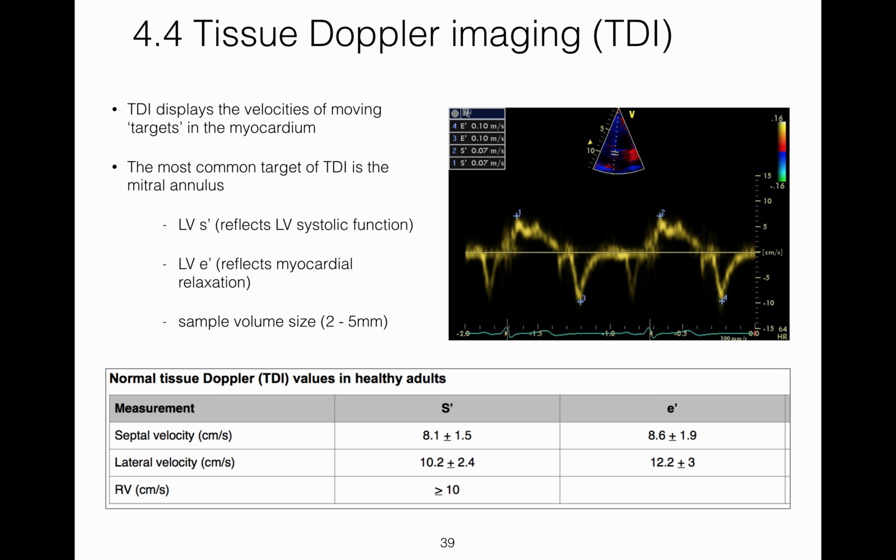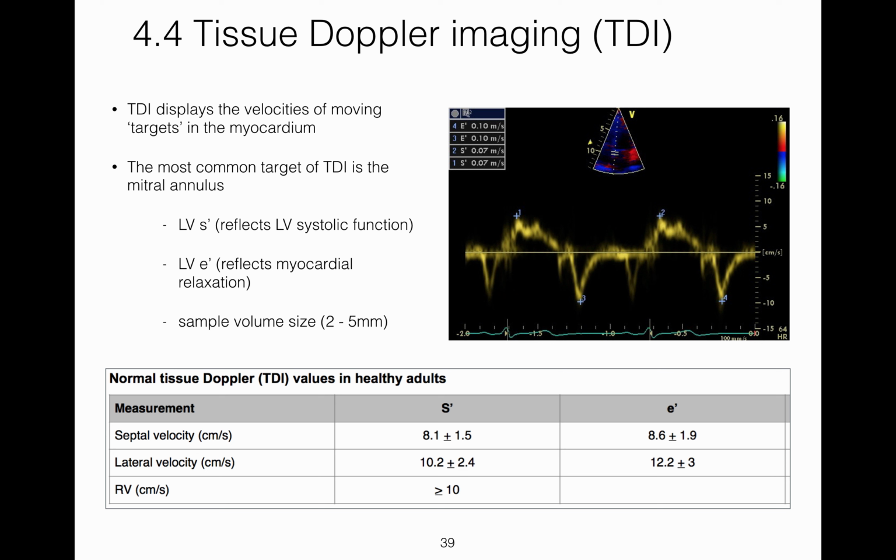The left ventricular S' measurements 1 and 2 on the image on this slide reflect left ventricular systolic function. Left ventricular E' measurements 3 and 4 on the image reflect left ventricular diastolic function.